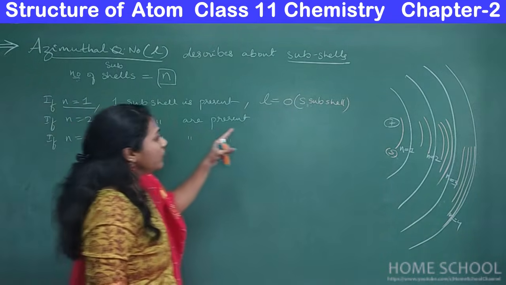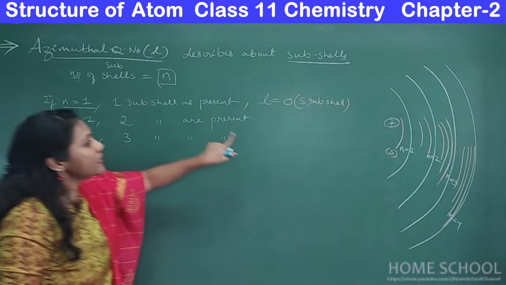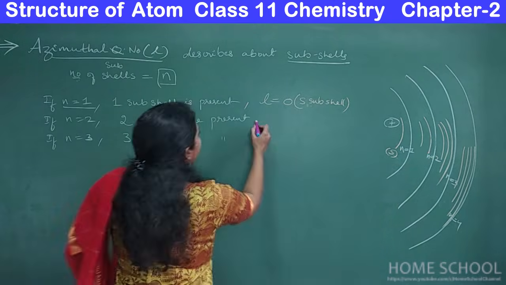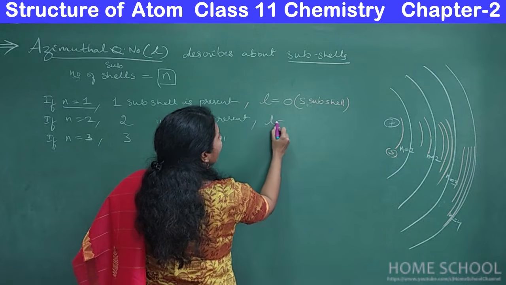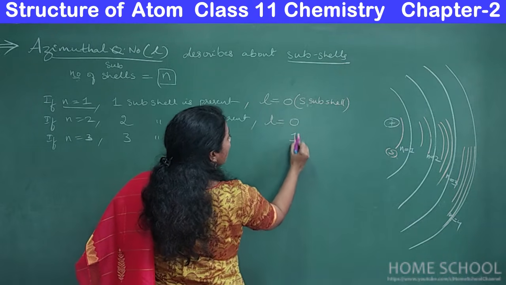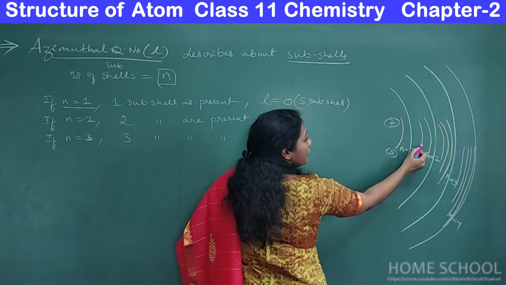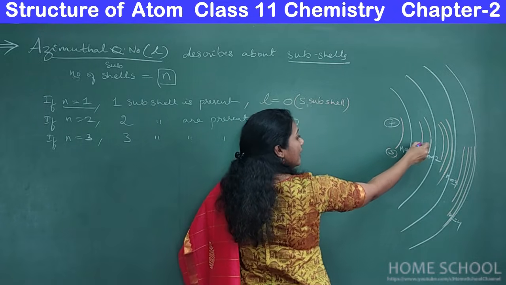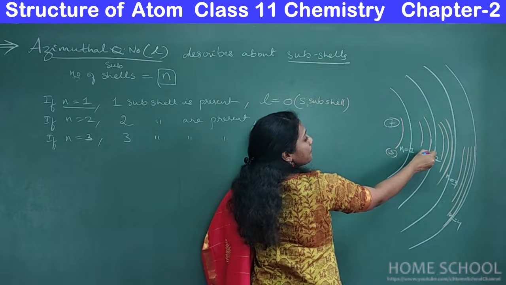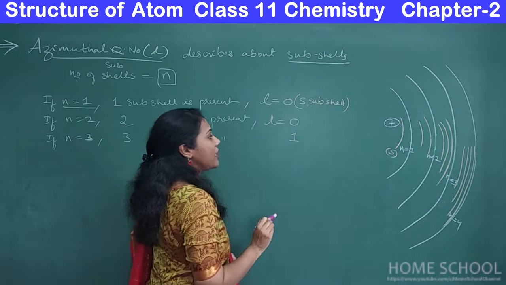Coming to the second main shell, we know that there are two subshells. See, two lines I have put. What are they? They are l equal to 0 and l equal to 1. 0 is the number for one subshell, and 1 is the number for the second subshell, which is present in the second main shell.